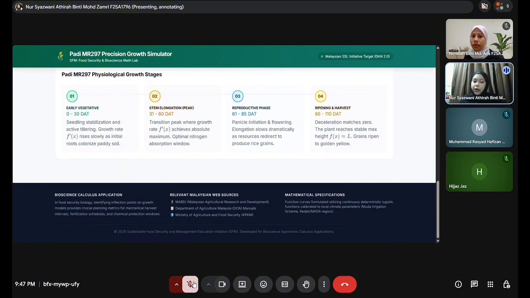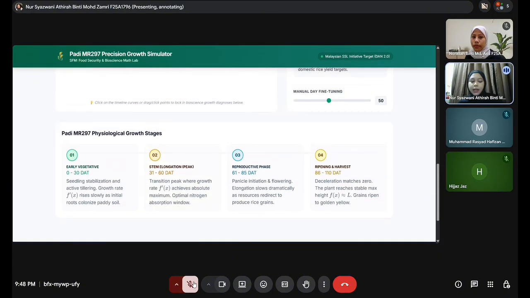So for this conclusion, this project demonstrates how mathematics and bioscience can work together to solve real-world agriculture problems. By applying calculus to the growth of PADI MR297, we can identify the optimal timing for fertilizer application, improve crop productivity, reduce waste, and strengthen Malaysia's food security.